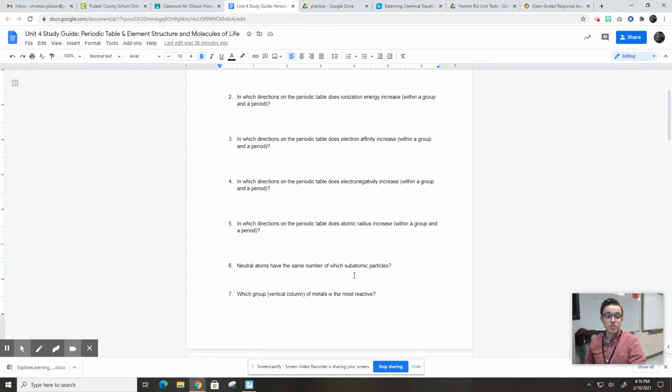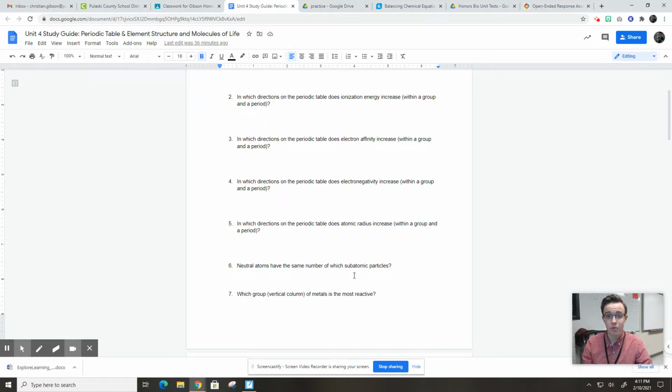Number four, in which directions on the periodic table does electronegativity increase? Again, the same as electron affinity and ionization energy. Electronegativity increases going up in a group and to the right within a period or a horizontal row. And it's similar to electron affinity in that this also does not apply to the noble gases.